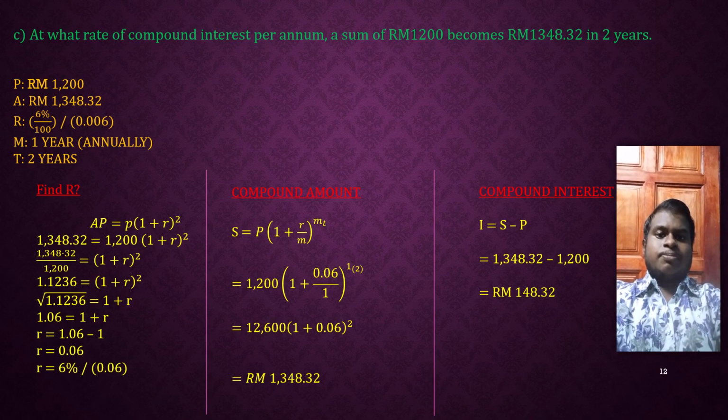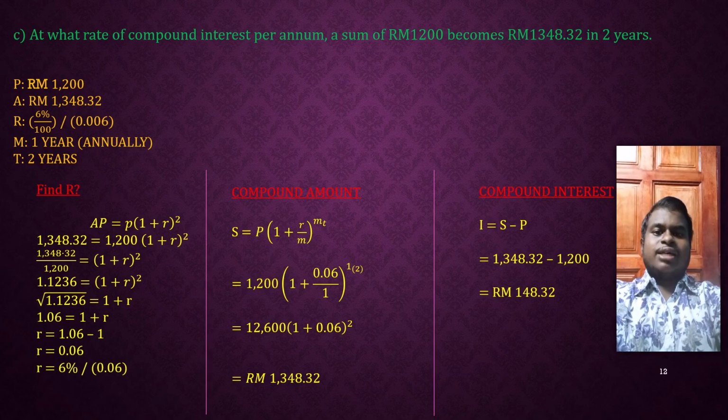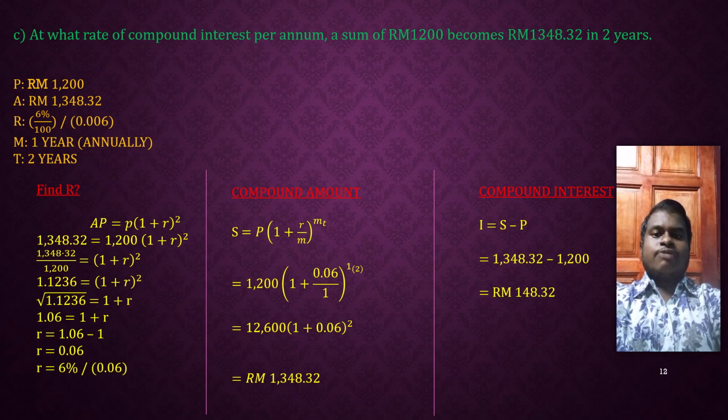We have principal RM 1200, amount RM 1348.32, time equal to 2 years, and we need to find the rate. The interest is compounded annually. We use the formula A equals P(1 plus R)^T.